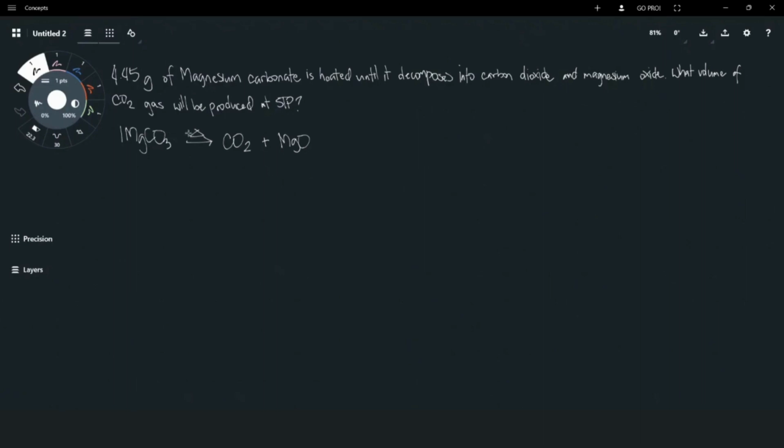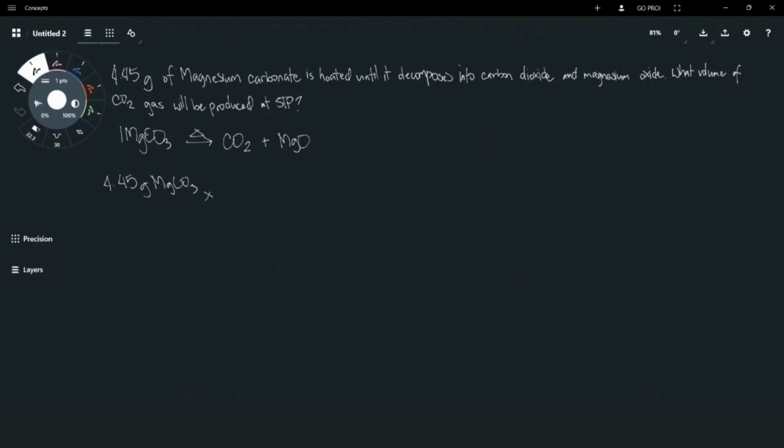So in this problem, we are asked for the volume of carbon dioxide gas with a given of 4.45 grams of magnesium carbonate. So in order to solve that, we first convert the grams of magnesium carbonate into moles using the molar mass.